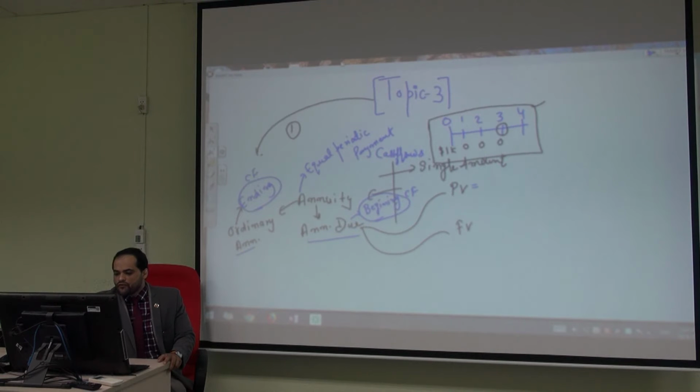So the formula for annuity due present value is a annuity due, therefore times 1 plus R. Alright, this is the present value.